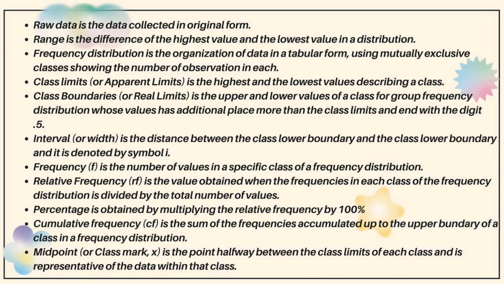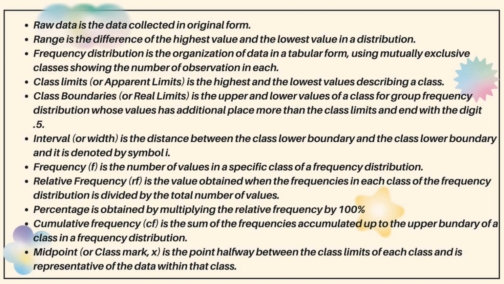Before we get started in constructing a frequency distribution table, we must define some terms that are essential to understand deeper the nature of data displayed in a frequency distribution. First is the raw data. This is the data collected in its original form. Next is the range. This is the difference between the highest value and the lowest value in a distribution.